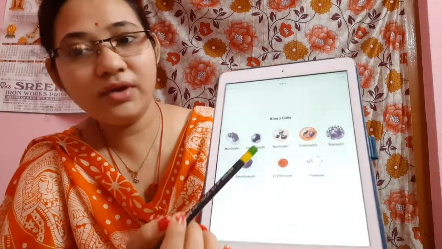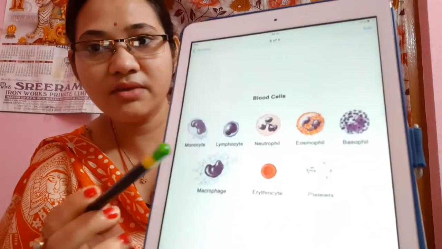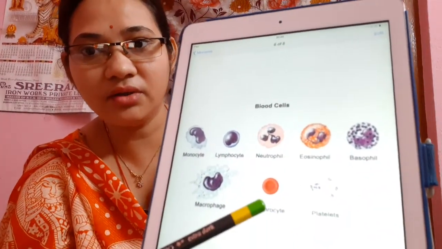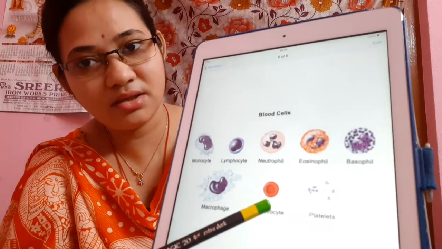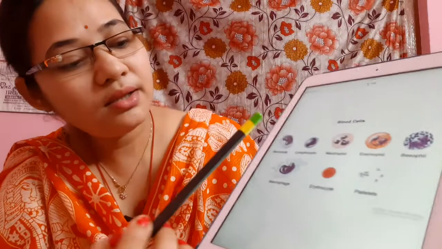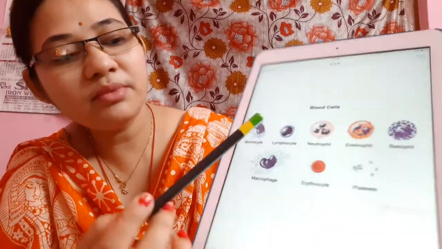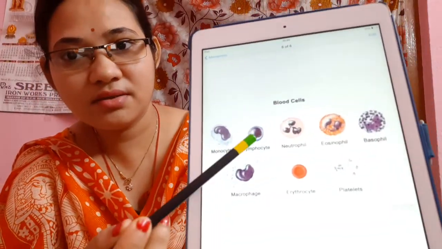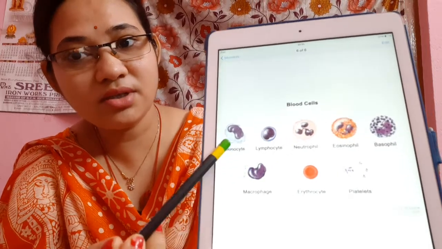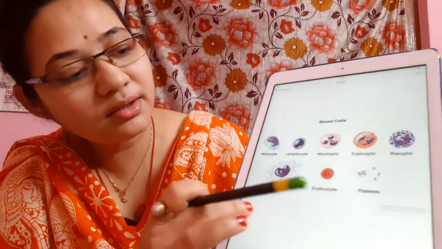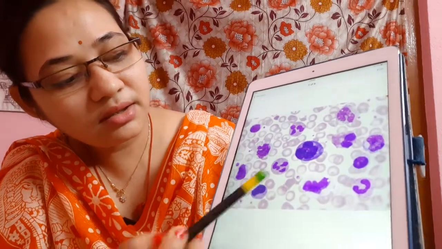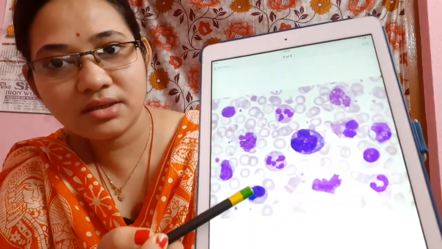Now let us see the different types of WBC cells. This is the RBC or the erythrocyte. RBC is also called erythrocyte. Then the monocyte and the lymphocytes are the agranulocytes. Like in the previous diagram, you can see this is the monocyte.